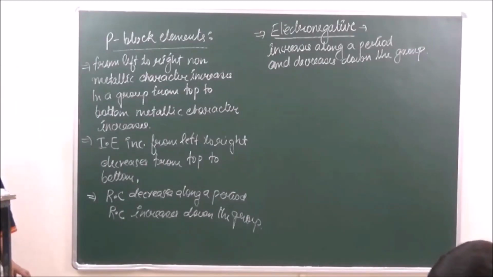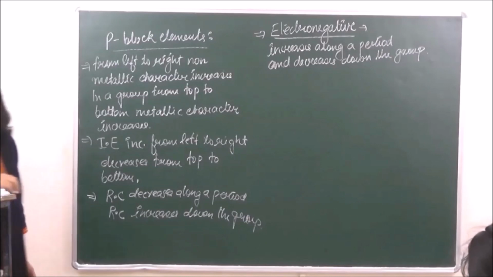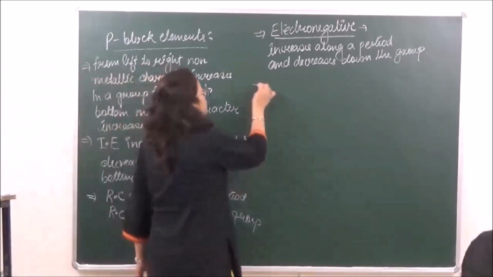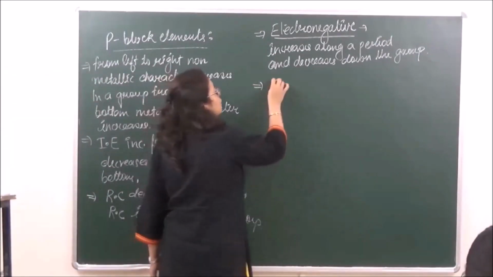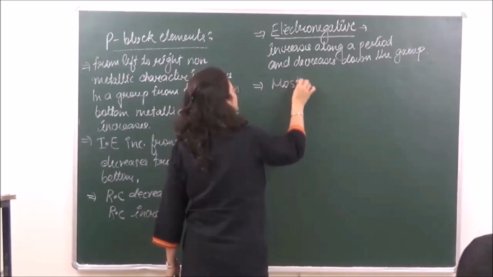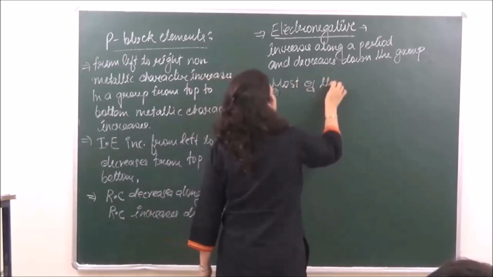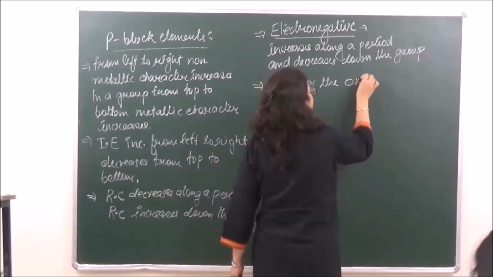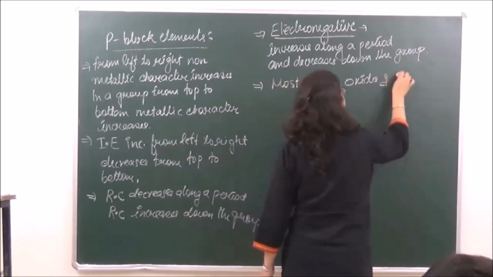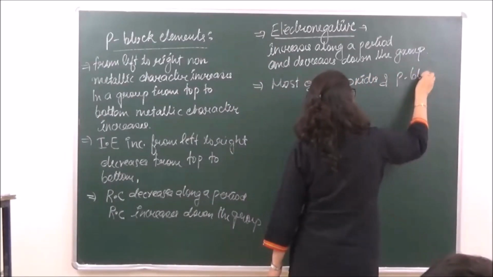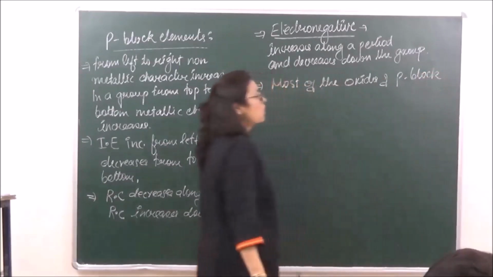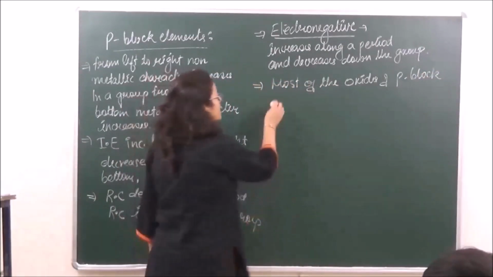Then after electronegativity, because most of them are going to be non-metals, most of the oxides of p block are acidic in nature.